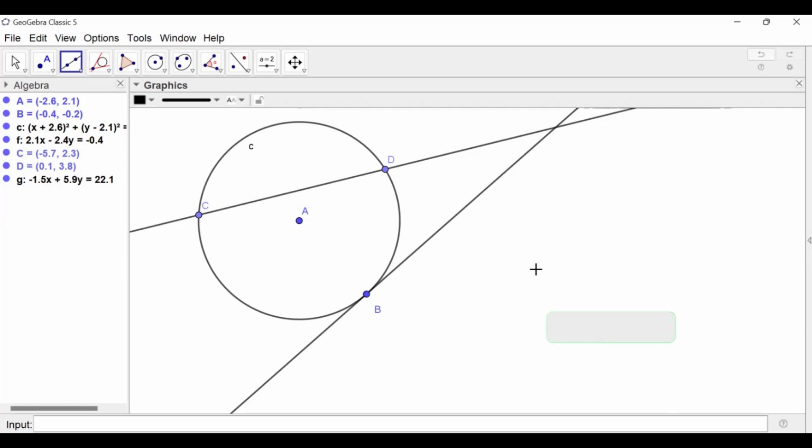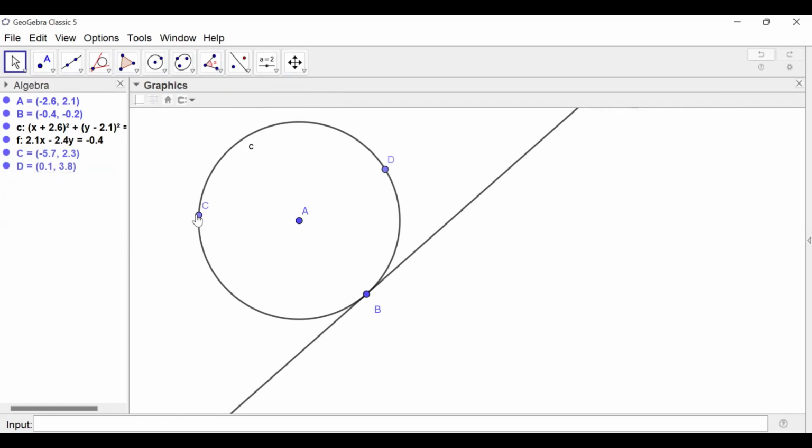The answer is no, because that line does not pass through a single point. We define a tangent as a line that touches a circle at exactly one point. So we are going to remove this because it does not qualify to be called a tangent.